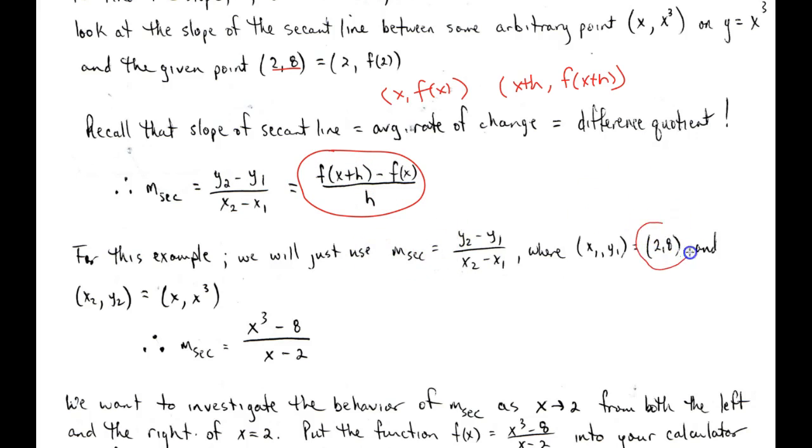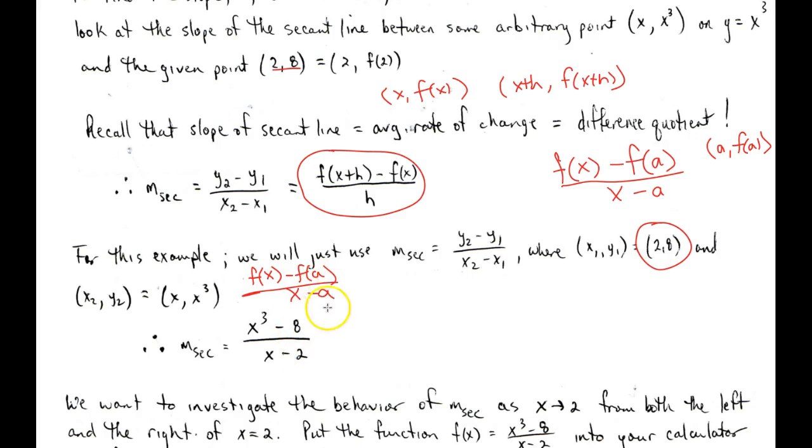Now, since we actually have a defined point that we're referencing everything to, we want to use this form of the difference quotient, because it finds the slope of a line in reference to a specific point (a, f of a). And our (a, f of a) here is the point (2, 8), where a is the number 2 and f of 2 is 8. That's how we get this form of the secant line slope: f of x minus f of a over x minus a, where a is 2.